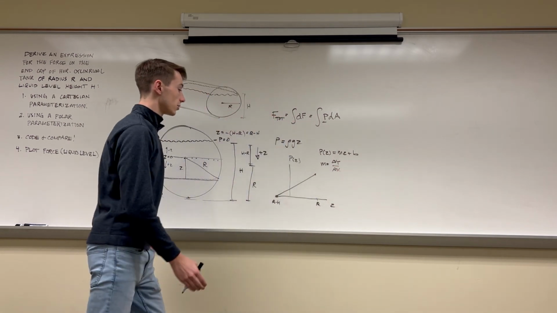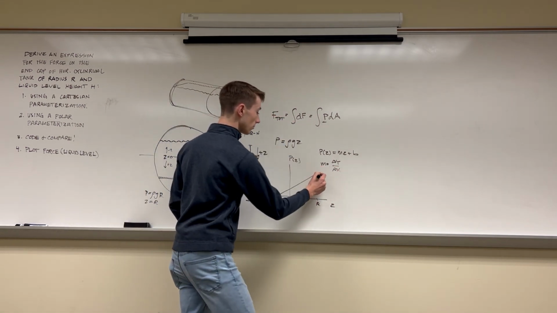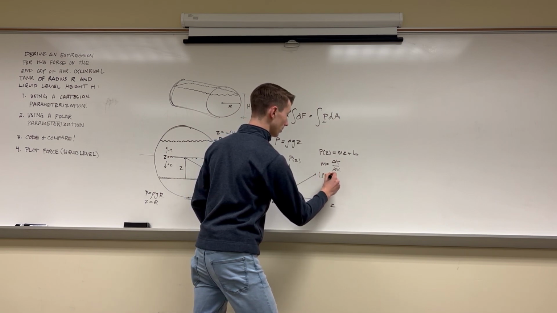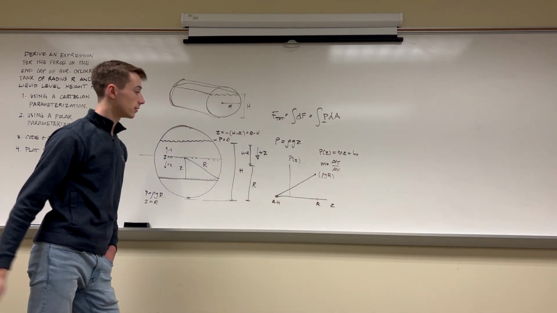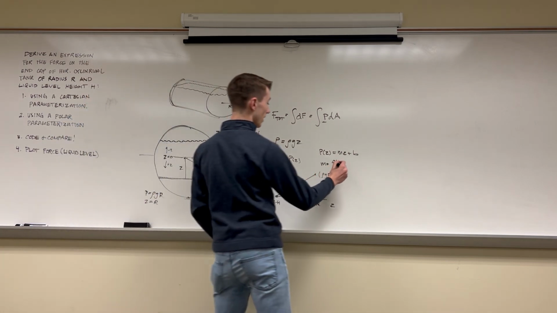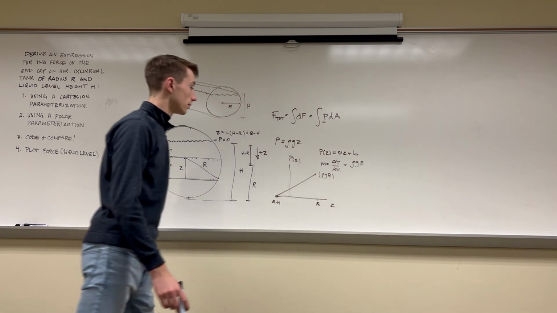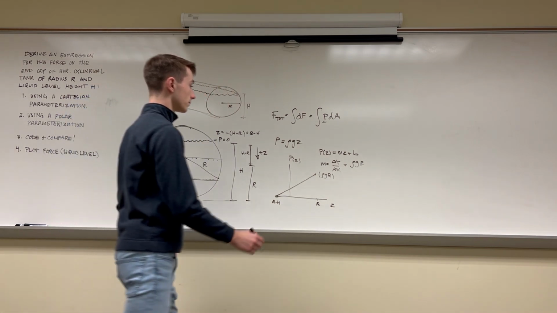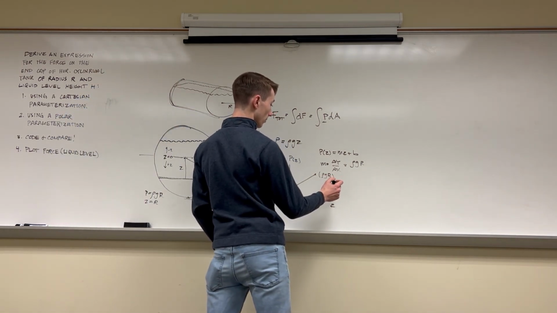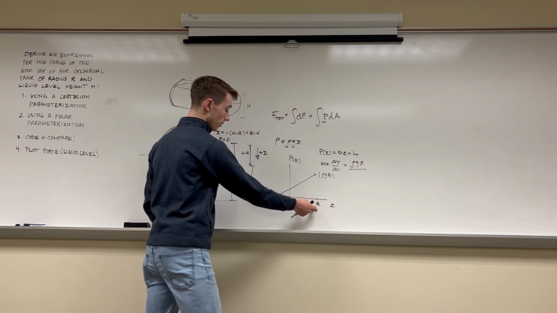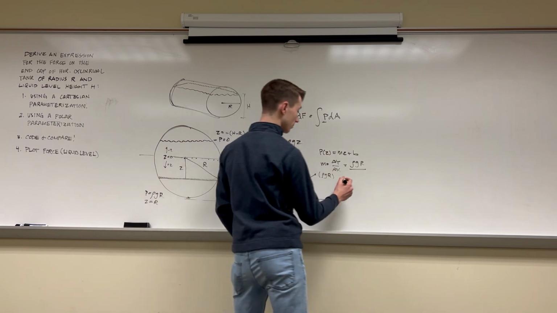Our change in y values, we said this was rho g r, and this was 0, so our change in y value is going to be rho g r. And then our change in x is r minus h.